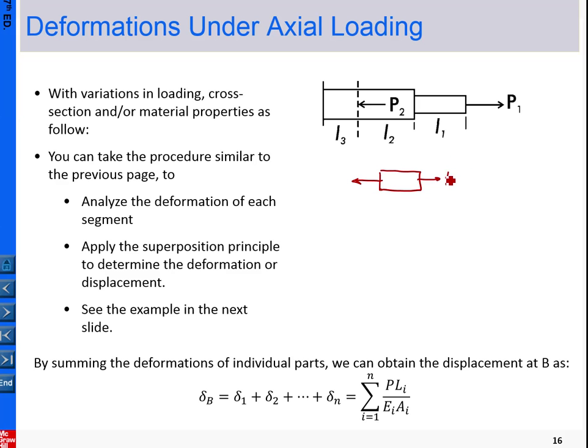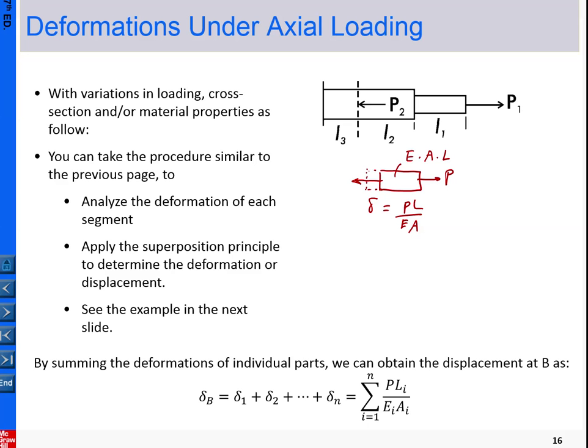So basically the general application procedure is, again, this is our standard template for our formula: P, material properties, cross-sectional area, dimension L. So deformation delta equals PL over EA. To proceed with the calculation, you need to take the free body diagram.